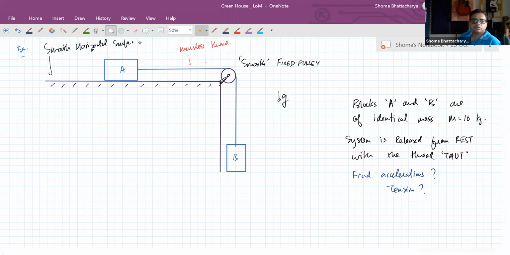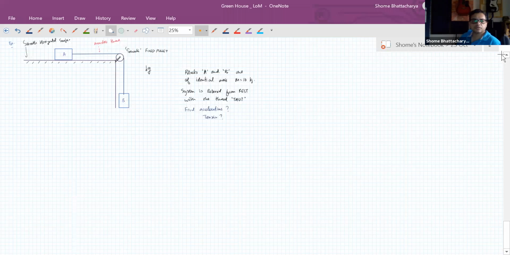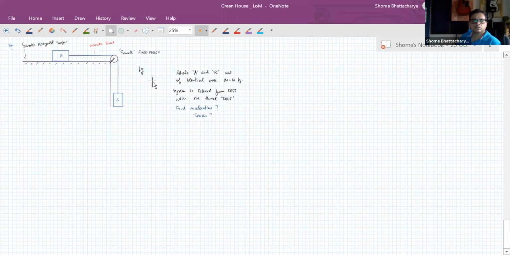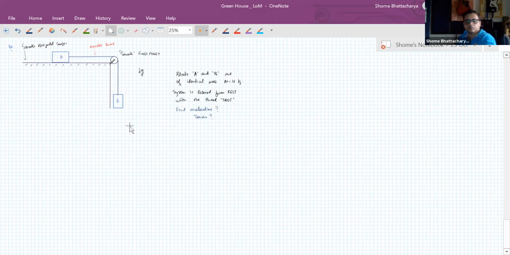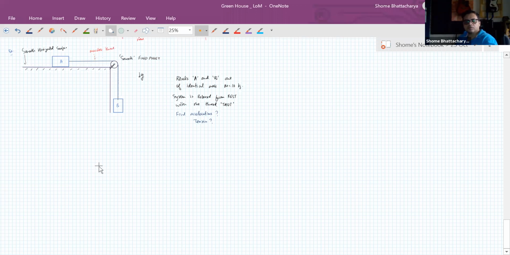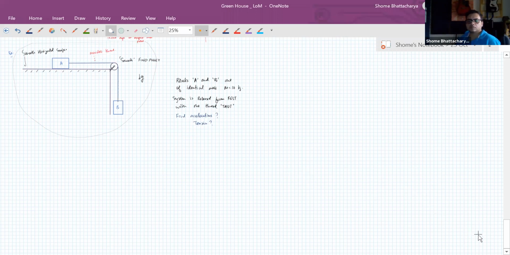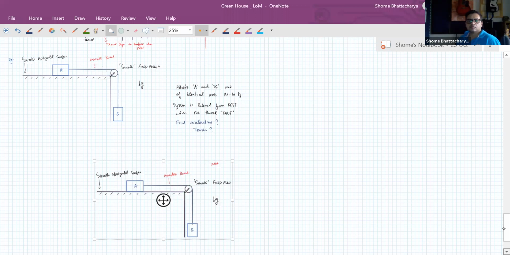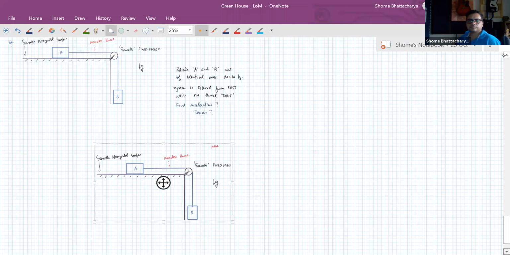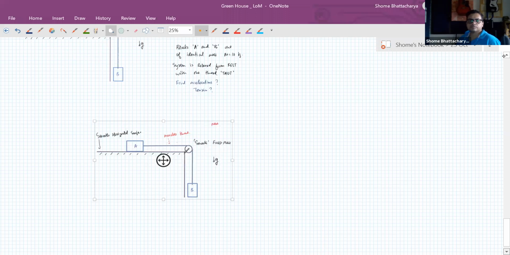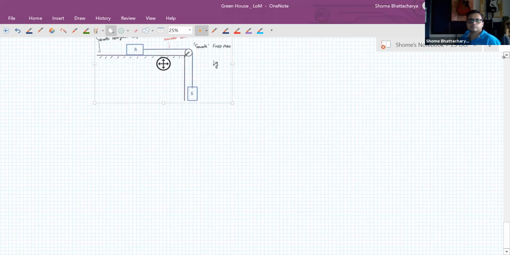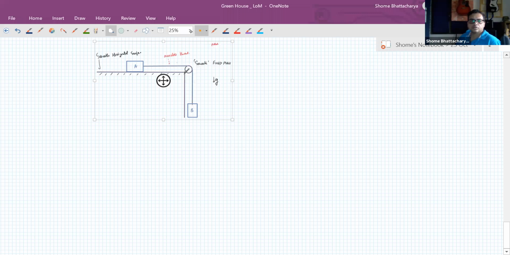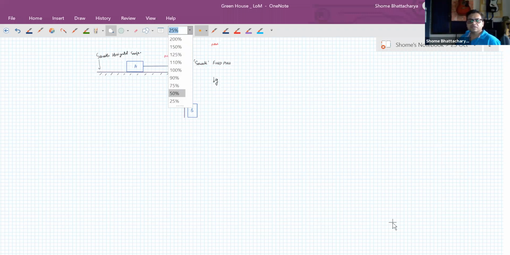So let's understand how this system actually works out. I'll just make a copy of the diagram. The moment we release it, what will happen?